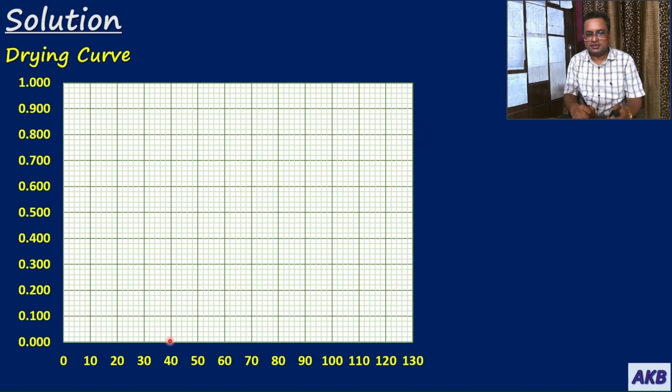So for that, on the y-axis, we will be plotting capital X, that is moisture content on dry basis, and the scale that I have chosen, you can see over here. So 1 centimeter is 0.1, and on the x-axis we are going to plot theta, that is time, and the scale is 1 centimeter is 10 minutes.